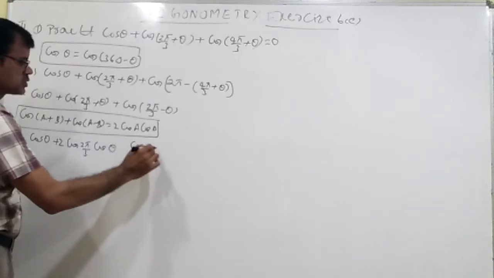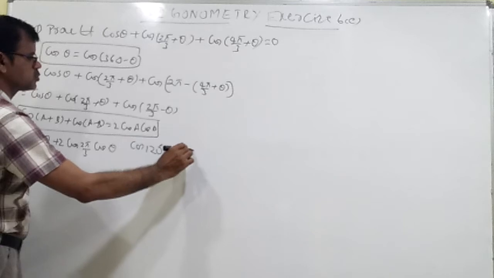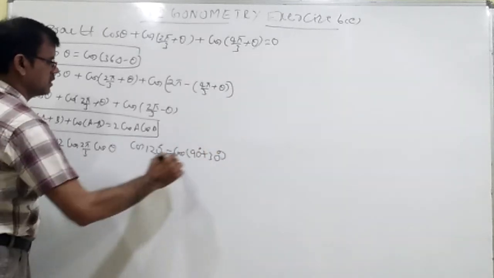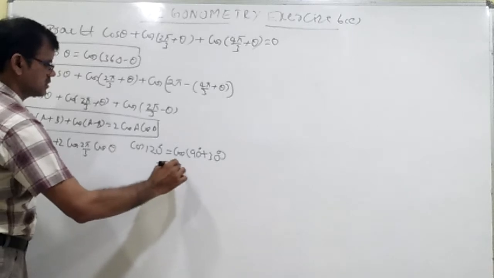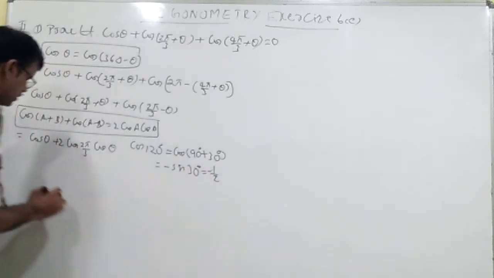Here cos 2 pi by 3 means cos 120. Cos 120 can be understood as cos of 90 plus 30, which is nothing but minus sine 30. So it is minus 1 by 2.